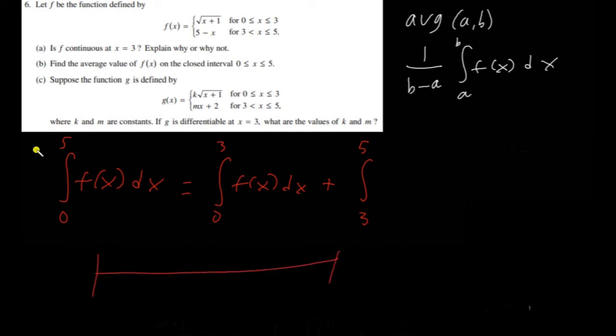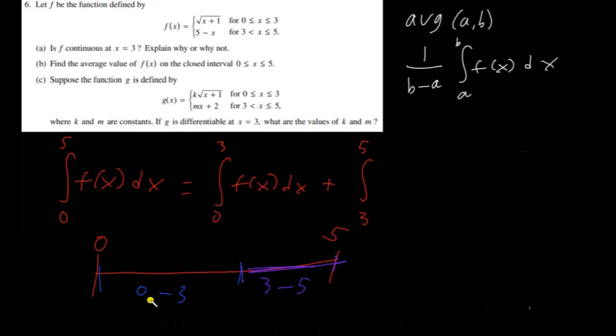So the way we're going to approach this is we're going to split this up. We know that this is equal to the integral from 0 to 3 of f of x, and then we can add the integral from 3 to 5, right? It's kind of like we have this entire area from 0 to 5, and we're splitting it into the first section, from 0 to 3, and then the second section from 3 to 5.